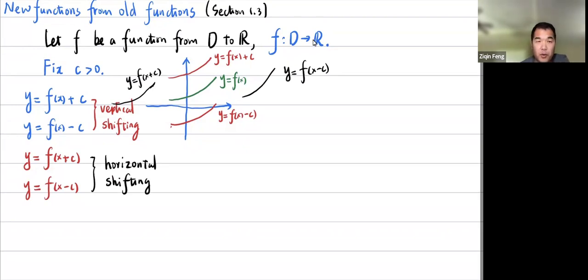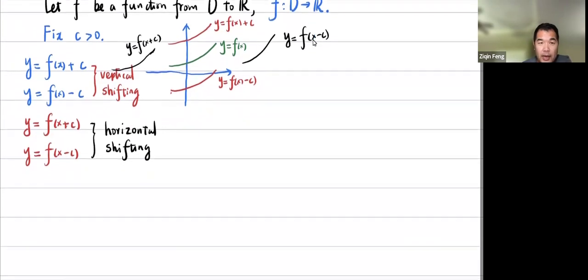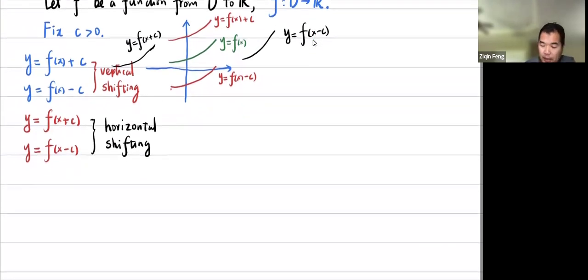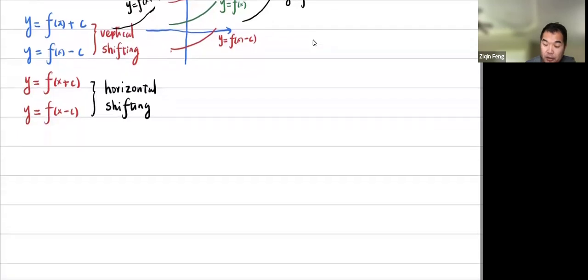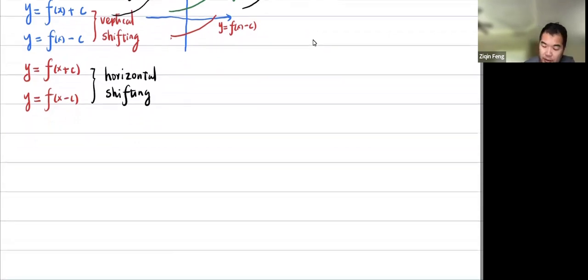Here are other ways, and let's try to understand a few of them. These are ways we'll be using in multiple situations. Now let's start from two functions.